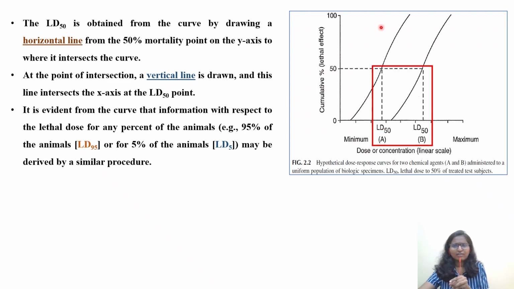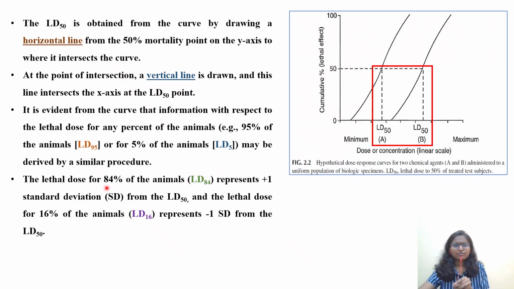Similarly, if you want 95%, you can select this particular point, move to the dose response curve, and extrapolate down. This particular point will be considered LD95. Similarly, at 5% response, you can move to the curve and extrapolate down. From that intersection point, you'll get LD5. That is what he's saying.